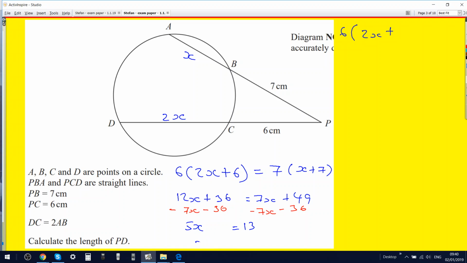And then x equals 13 over 5. I think it's 2.6. Don't think it matters. Okay.